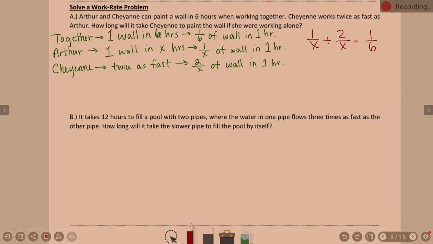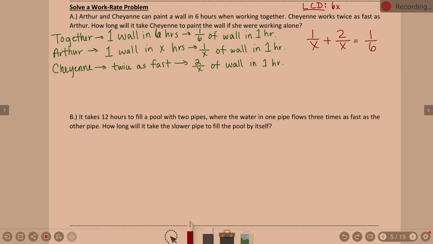There's a 6 in my denominator, and there's what else? X. So what's my common denominator? 6x, right? Because between 6 and x, that represents every one of my denominators. So my least common denominator here is 6x.